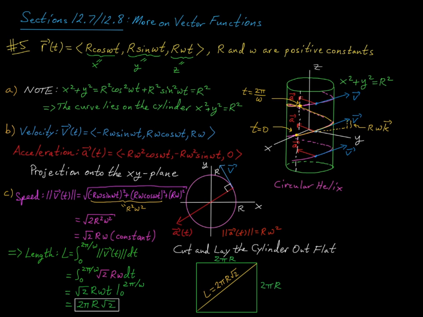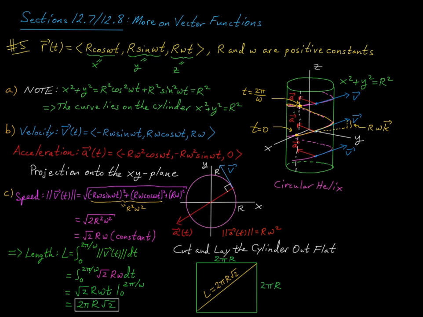Well, first notice that the height here, as we go from our starting point at t equals 0 up to our ending point at t equals 2 pi over omega, as we already noted, where you plug 2 pi over omega in for t into the z coordinate, you just get 2 pi r. So the height here, which is right here, is 2 pi r. It's just the circumference of the cylinder.